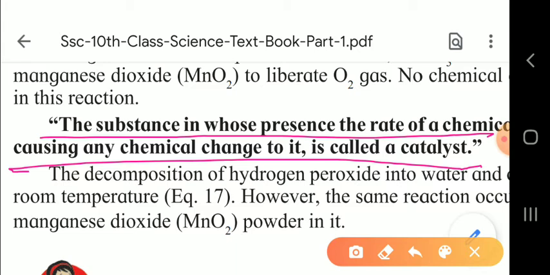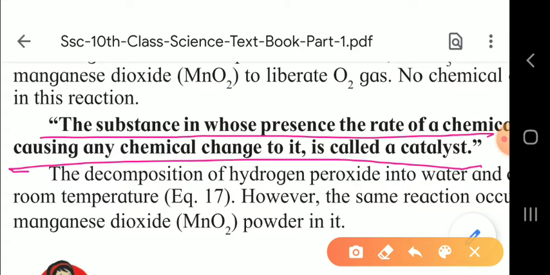So now we'll see the decomposition of hydrogen peroxide into water and oxygen takes place slowly at room temperature, and the same reaction occurs faster if we add manganese dioxide powder to it.